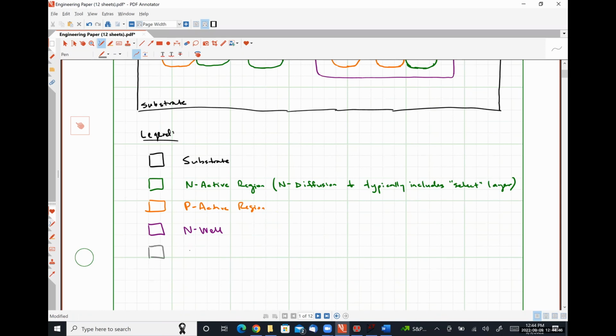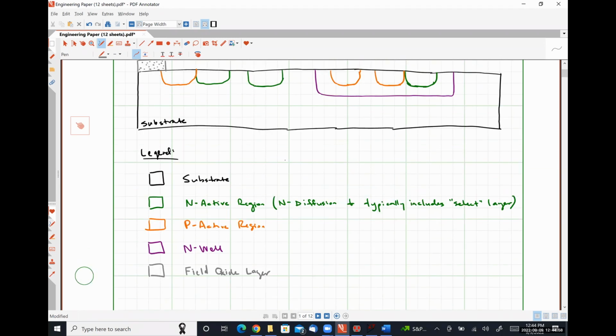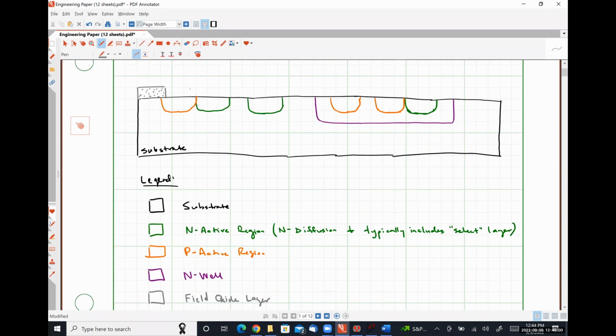And this is what's known as our field oxide layer. There will be another portion of field oxide here. And here. And all the way out to here.